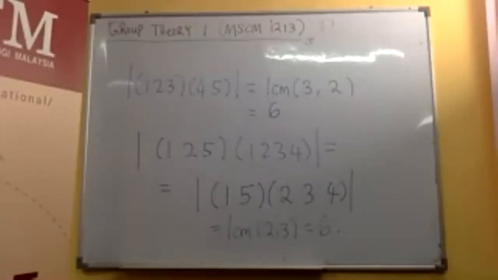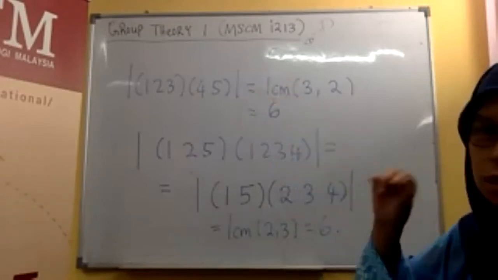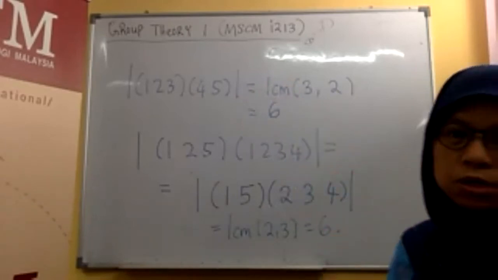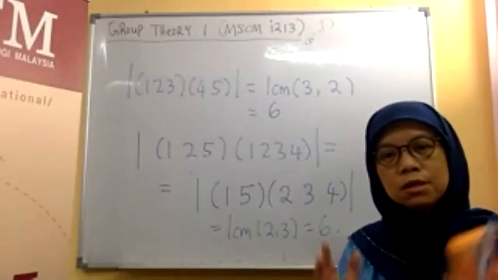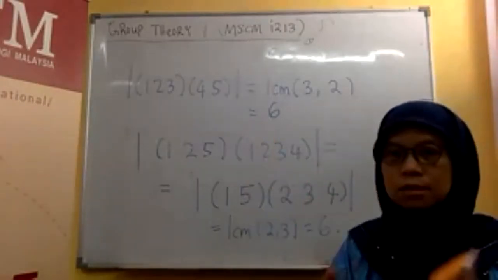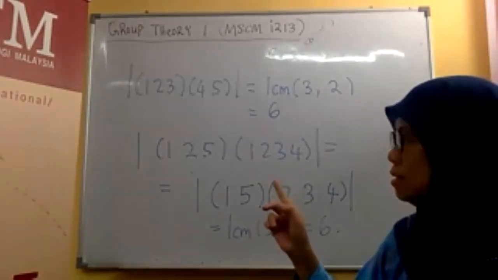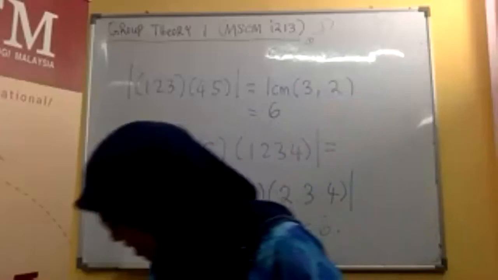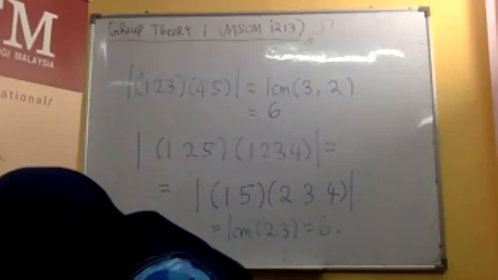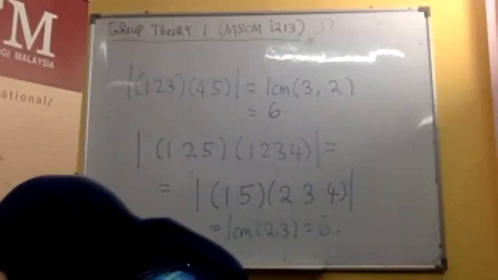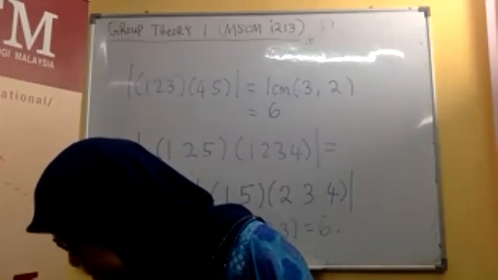So meaning if you want to find the order of the elements in the permutation group, you have to make sure they are disjoint cycles. Now look at the theorem.